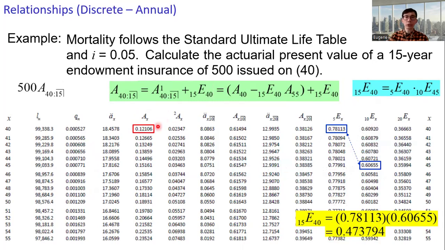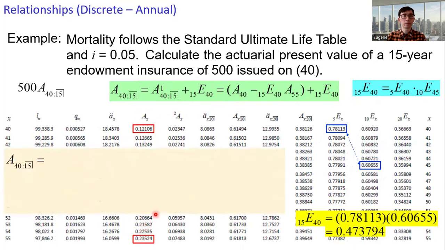All right, so we get back to the expression here. We need A40, we get 0.12106. And then we need A55. All right, so we get all the quantities required.